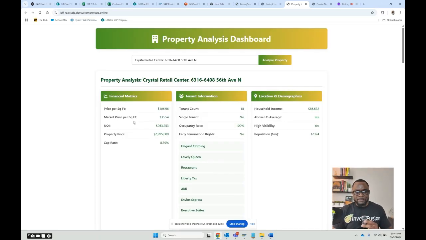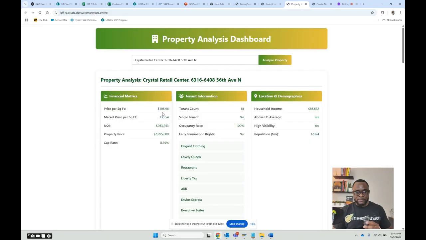The market price per foot is about $335.54, and you have an NOI of $263,253. Now, the property price is about $2,995,000, almost $3 million, and the cap rate is 8.79%.